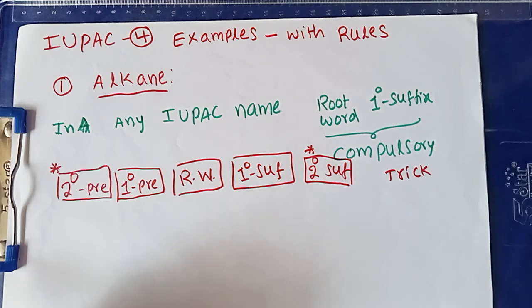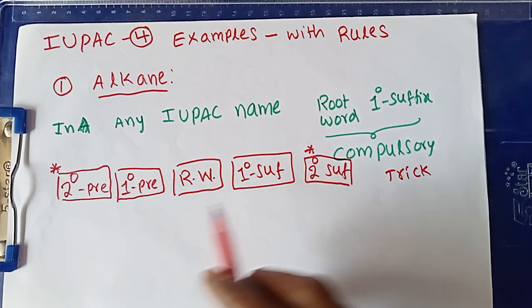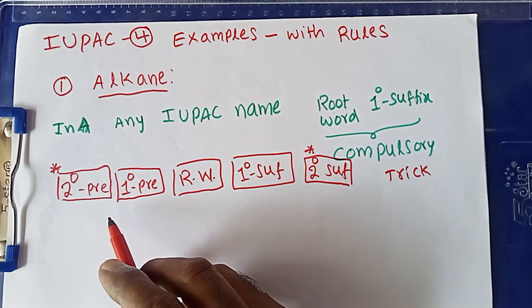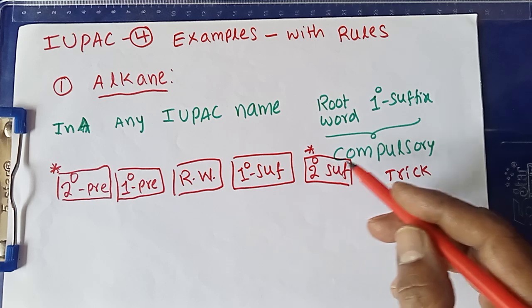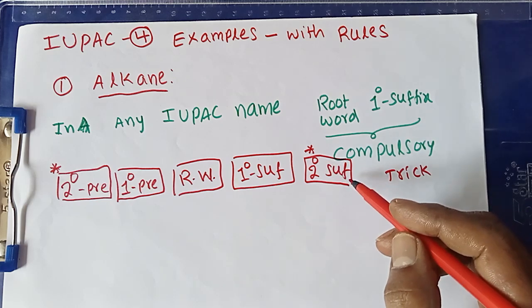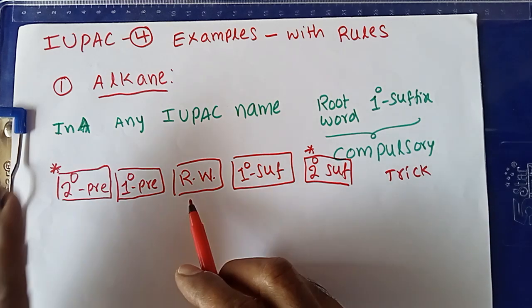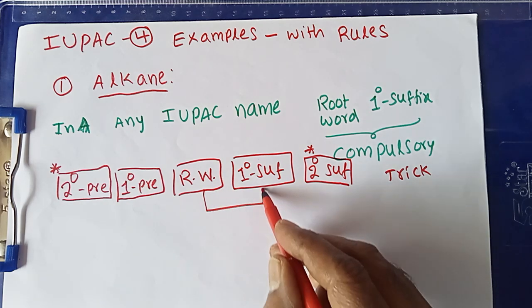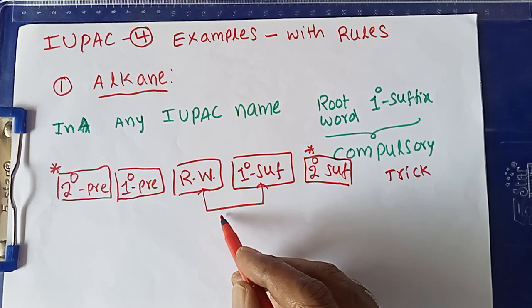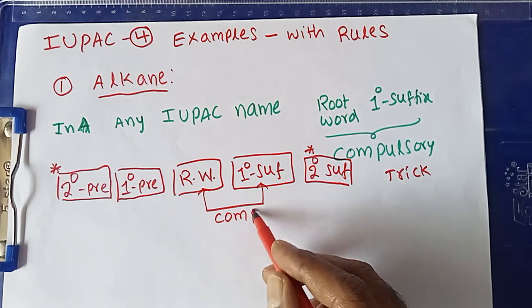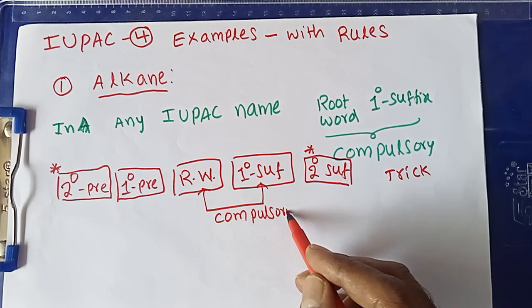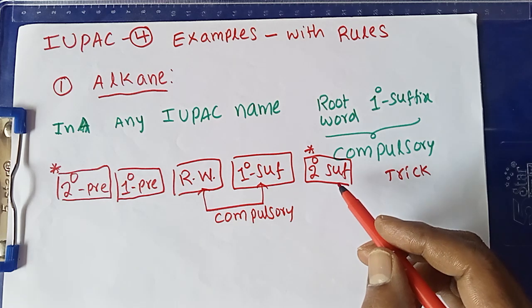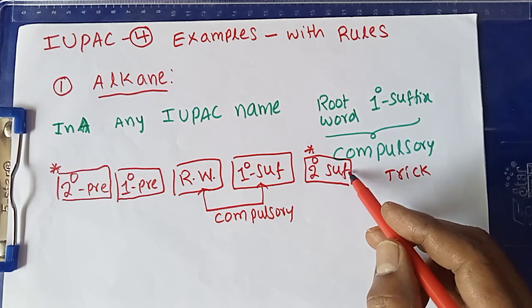Chemistry tricks. Okay. Now in any IUPAC name, it is also possible that all are present. But these two are compulsory: root word and primary suffix in any IUPAC name. What does compulsory mean? In this one, sometimes it is present or not present.